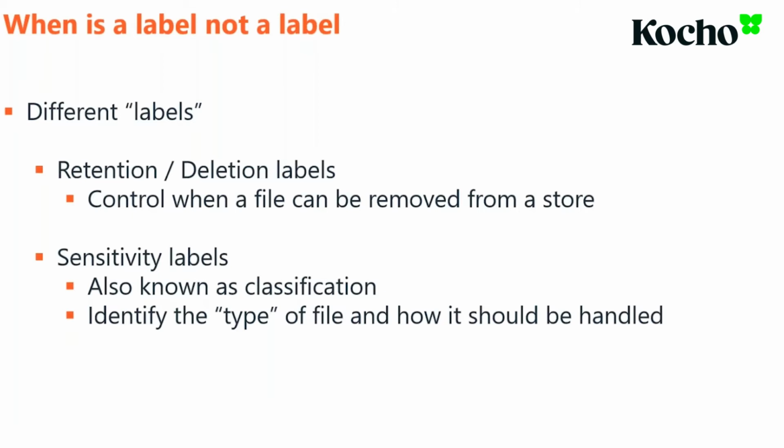They are discrete, separate, and are managed separately. And one of the hardest things to do when we're talking about information protection and deletion and retention of documents is to make sure that people understand that the two labels do not connect to each other.